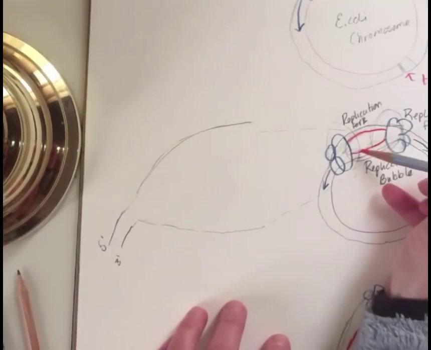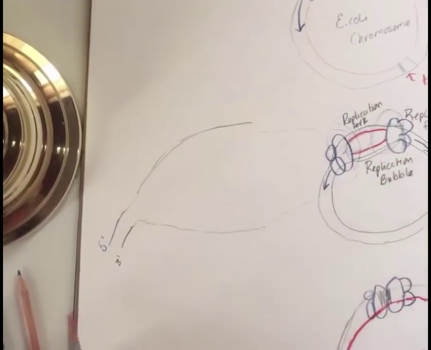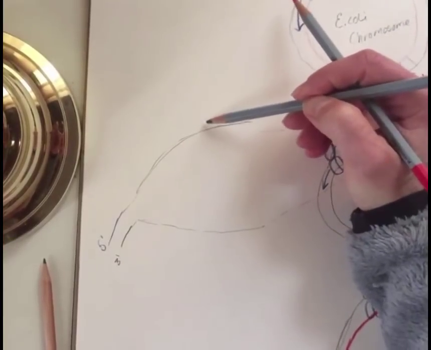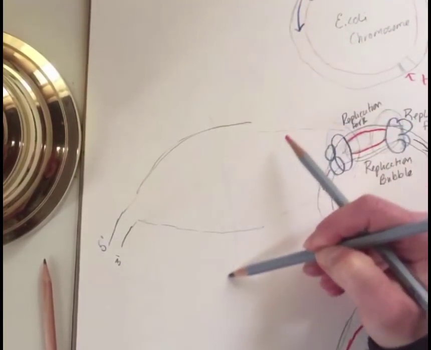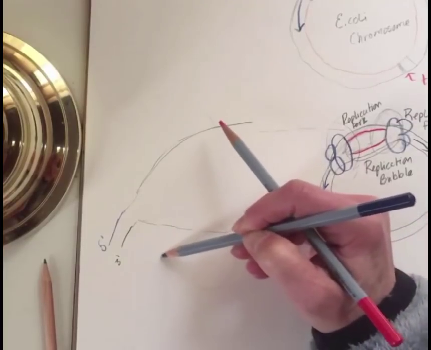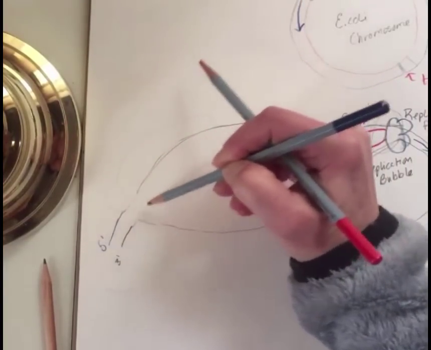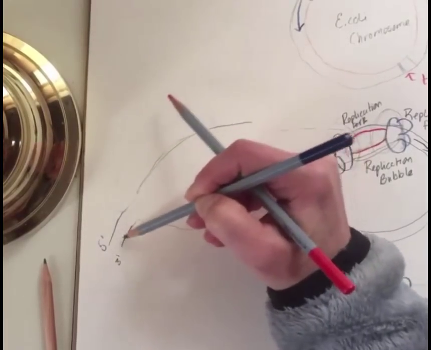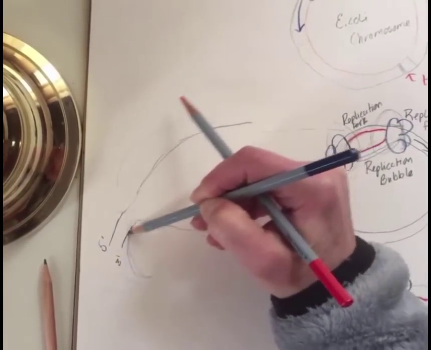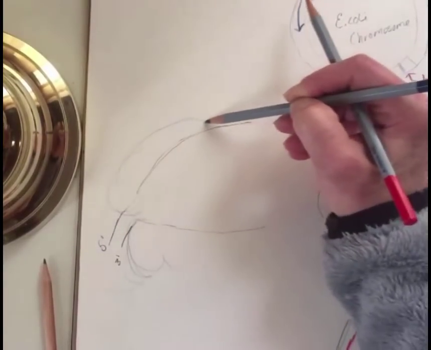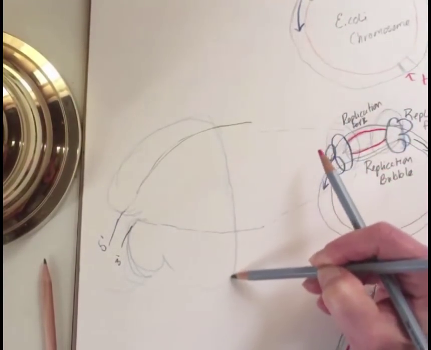Now we know we've got two strands that are getting made, and let me kind of draw in our replisome. So it's essentially this huge complex, now looking very large. And I'm just drawing it lightly because it's not really the focus of what we want to look at here.